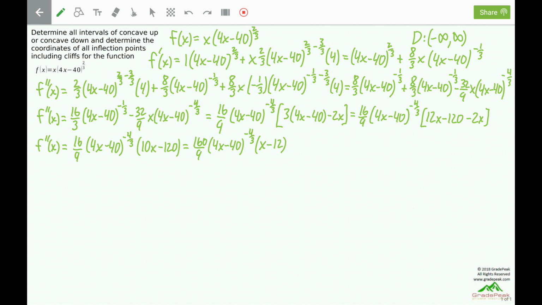We want all powers to be positive so that negative power expression can now move to the denominator with the 9. The numerator will be 160 and x minus 12. And the denominator will be 9 times 4x minus 40 to the positive 4/3 power.